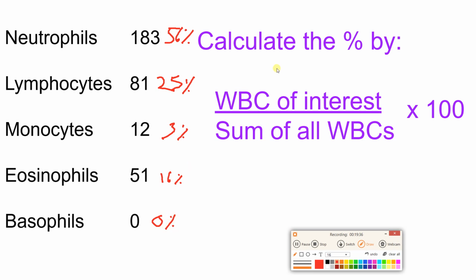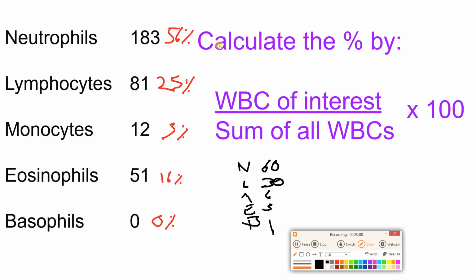And I'm going to compare these to my normals. To remember the normals, I like to remember a phrase: never let monkeys eat bananas. And I know my normal percentages: 60, 30, 6, 3, 1.